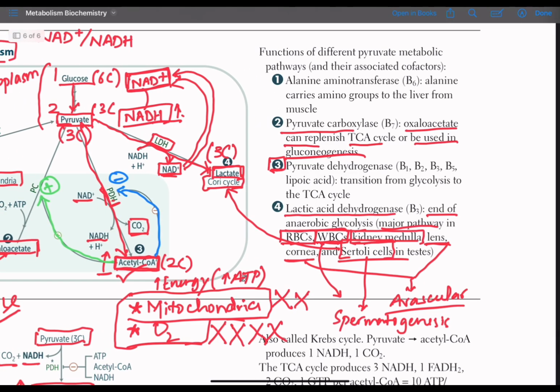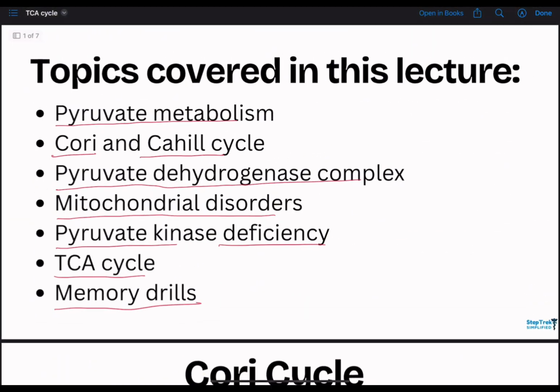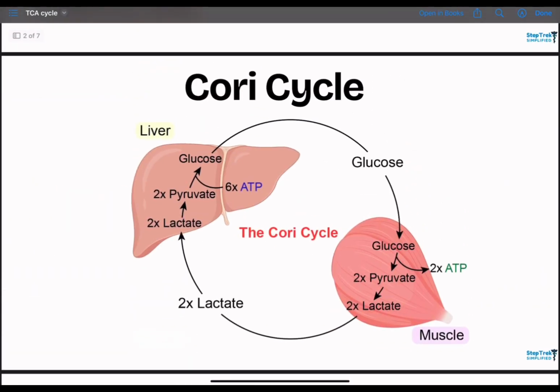So the Cori cycle can also occur in normal tissues as well. In normal tissues, when there is lack of oxygen or decreased O2 delivery, the cells, especially the muscle cells, choose the Cori cycle. So what happens? The glucose stored within the muscle is converted into two molecules of pyruvate and ATPs are generated.